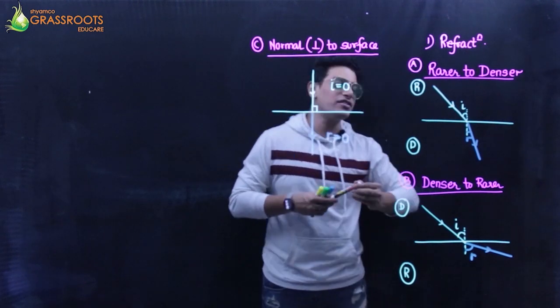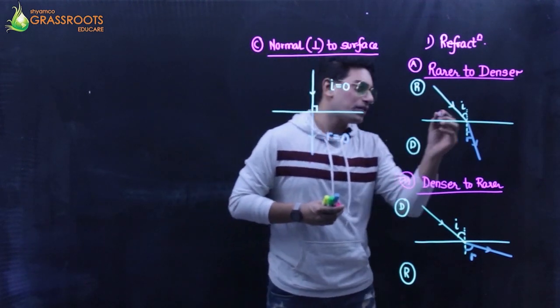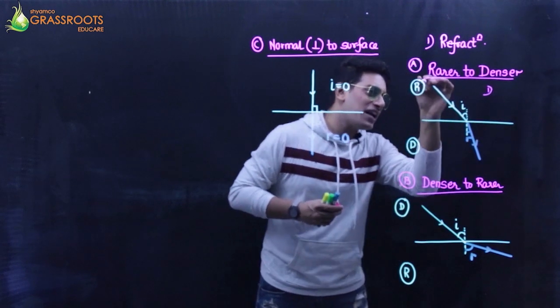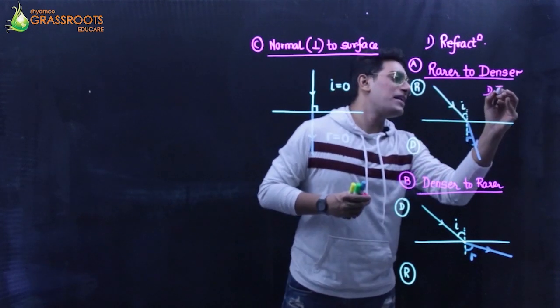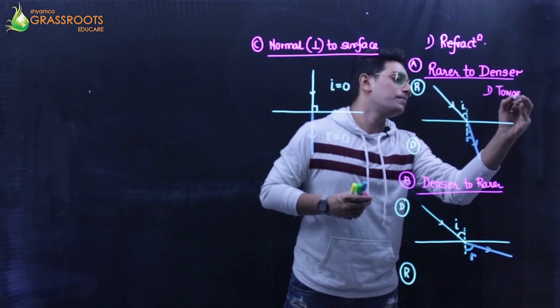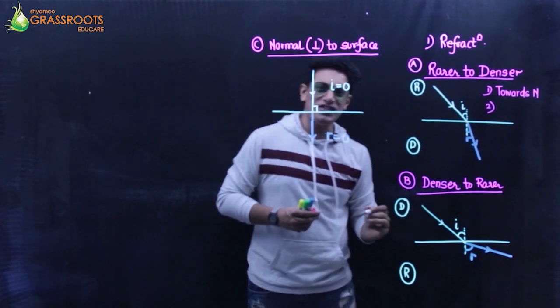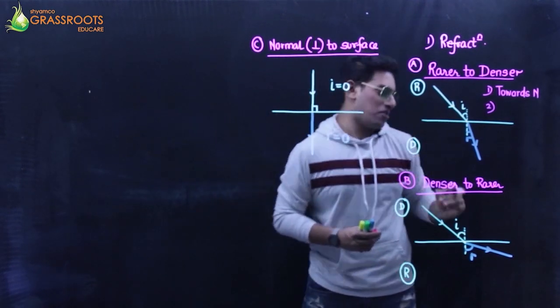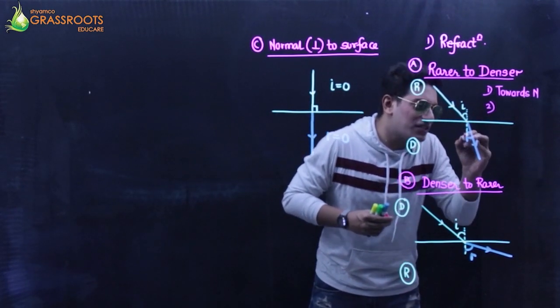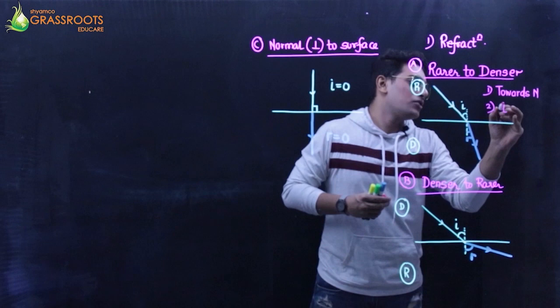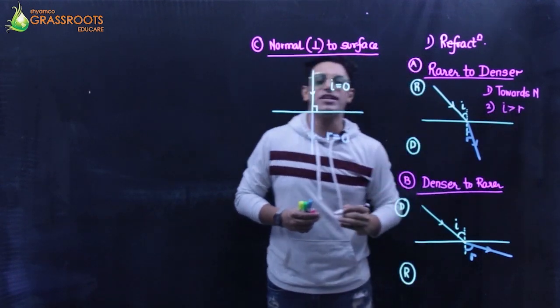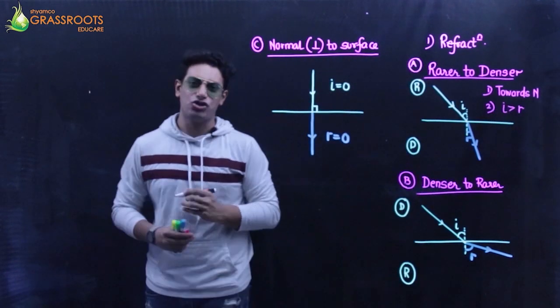If you happen to write conditions over it, first one, rarer to denser, the bending is towards the normal. The second condition, obviously by a mere look, angle I is greater than angle R. So the angle of incidence is greater than the angle of refraction.